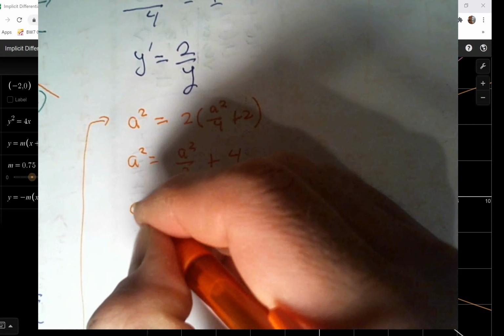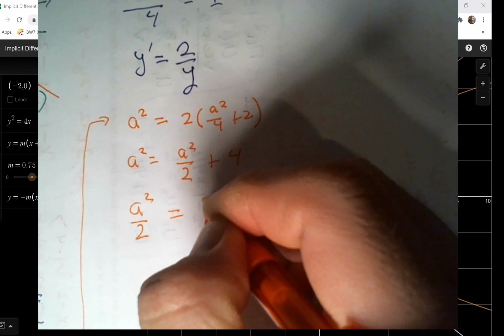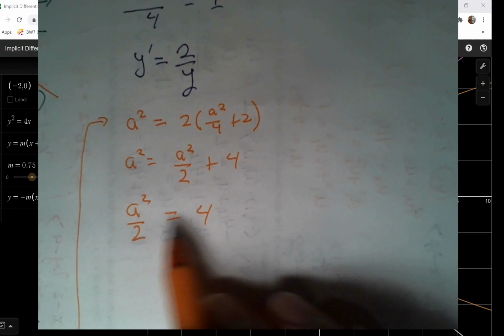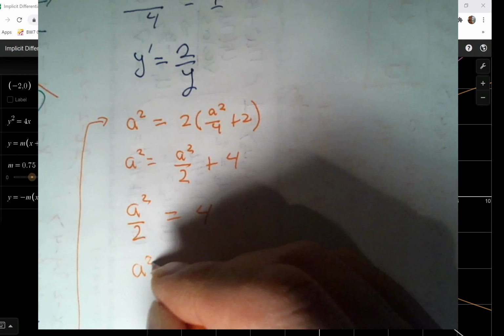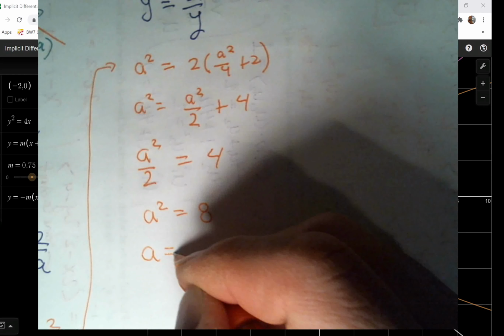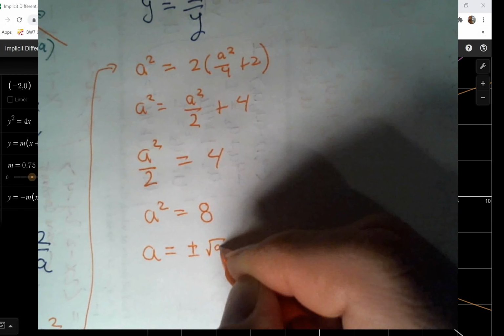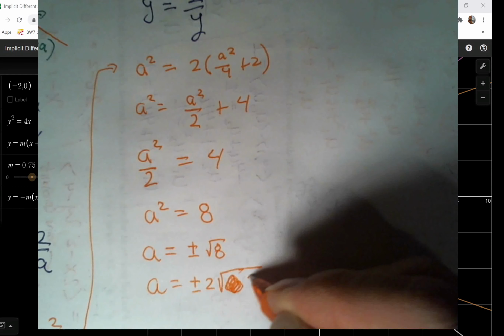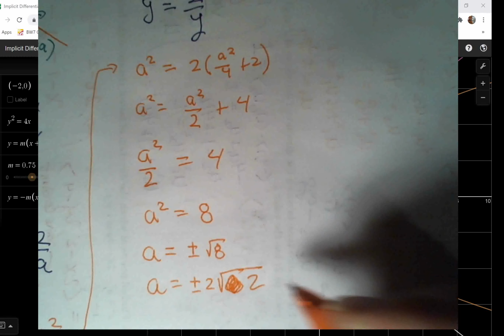So we get a squared over 2 equals 4. Multiply by 2 both sides, and we get a squared is equal to 8. Or in other words, a is equal to plus or minus square root of 8. Simplify my square root, we get plus or minus 2 square root of 2.